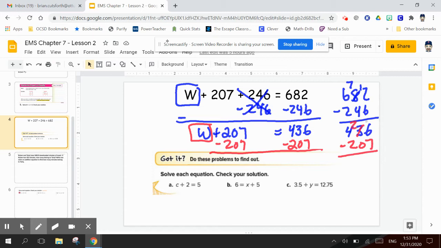When I subtract, 16 minus 7 is 9, 2 minus 0 is 2, 4 minus 2 is 2. I get 229 equals W, because 207 minus 207 is 0. It cancels out, and the only thing that's left is W.